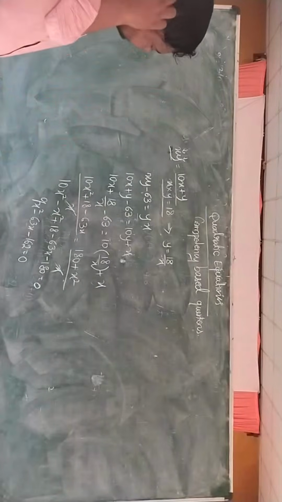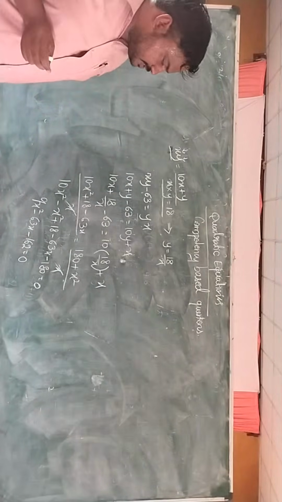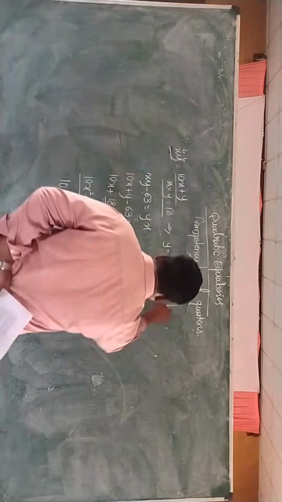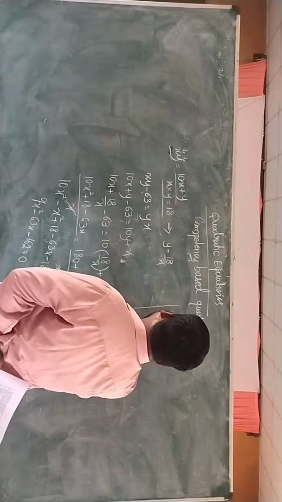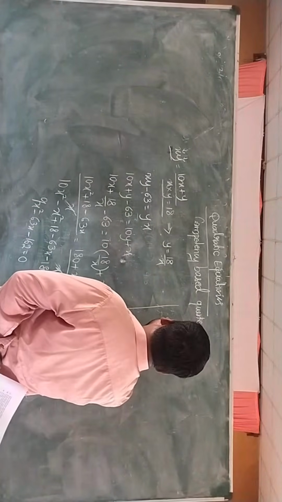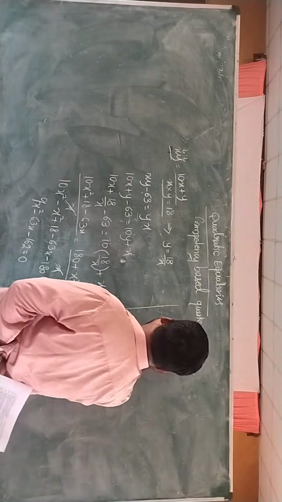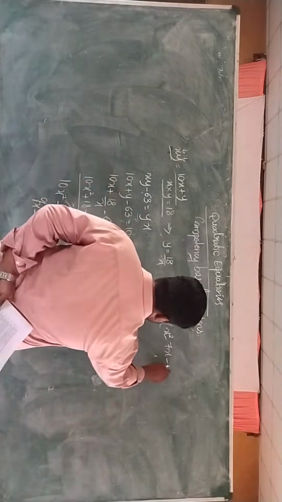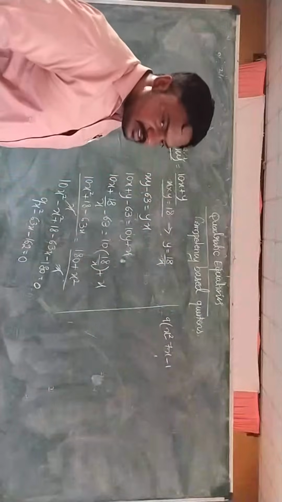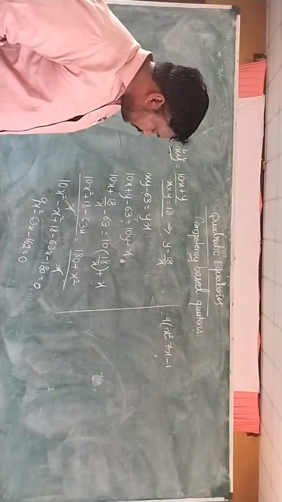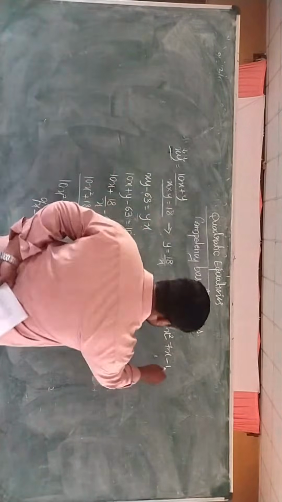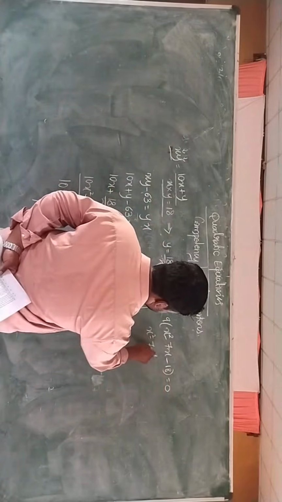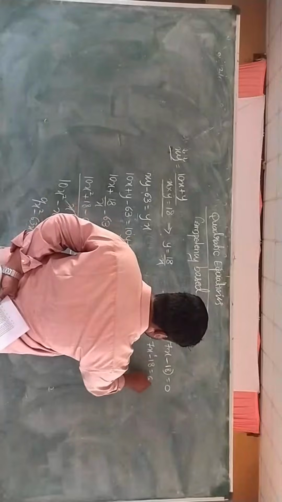Here 9 is common, take it outside. 9 into the bracket: x square minus 7x minus 18 is equal to 0.